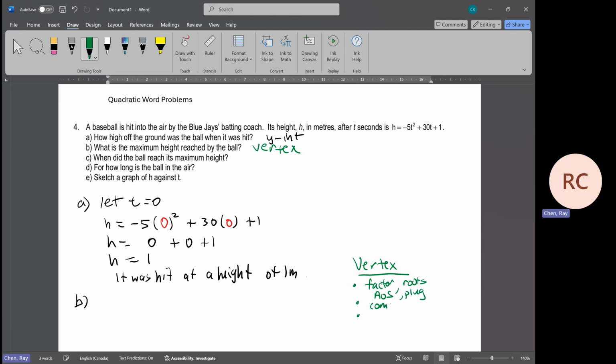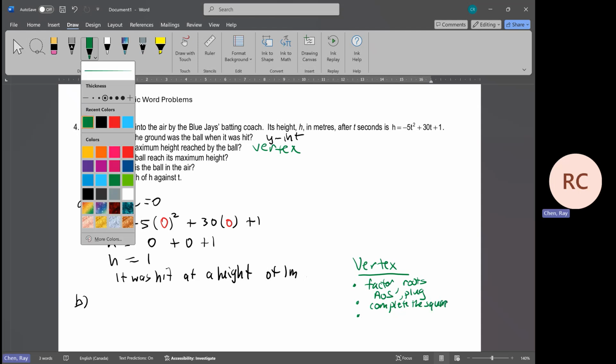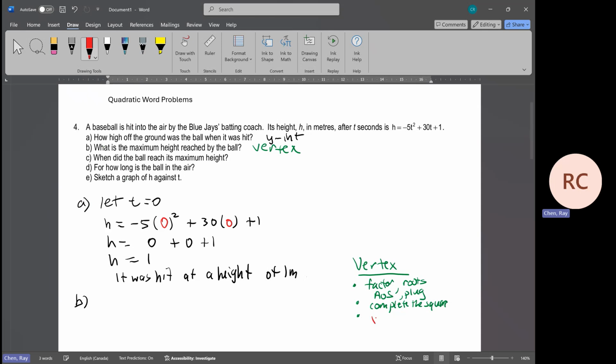You can complete the square, which will give us our p and q, which you know is the coordinates of the vertex, or we can find the x coordinate of the vertex by using the formula negative b over 2a. Note, this has to be in standard form. And clearly this equation is in standard form.